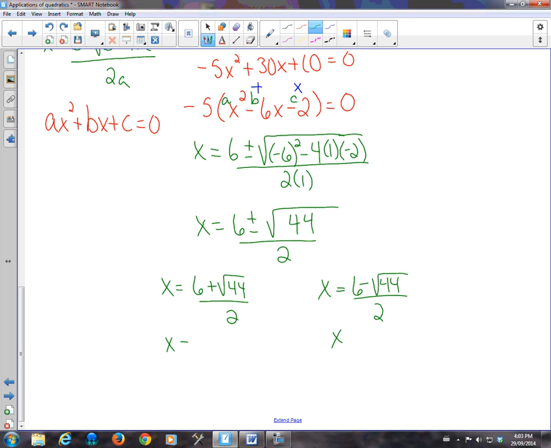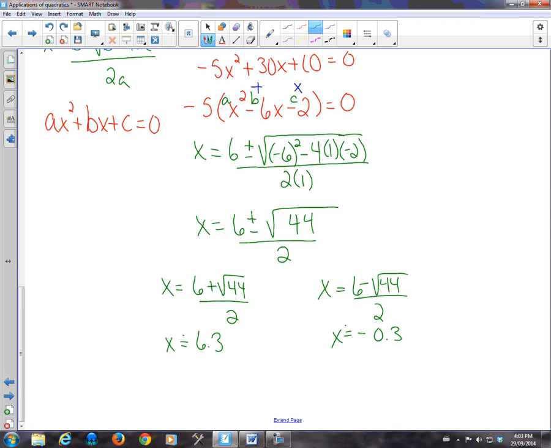So what have we got? We have got the square root of 44 plus 6, divided by 2, equals about 6.3. And if I do 6 minus the square root of 44, divided by 2, that would be about -0.3.